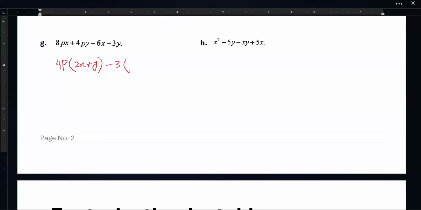Remember, since I have taken the minus common, signs are going to be changed in the bracket. That's going to be 2x plus y. Yes, the two brackets are the same: 2x plus y. So the second bracket will be 4p minus 3.